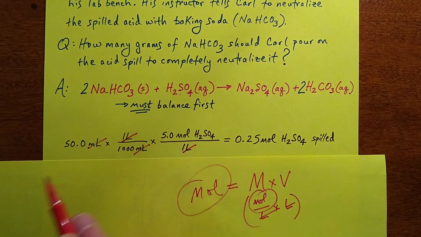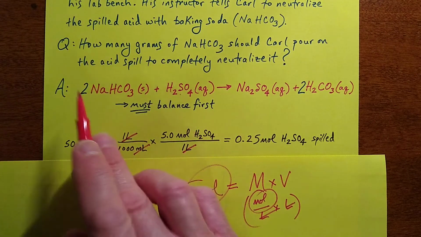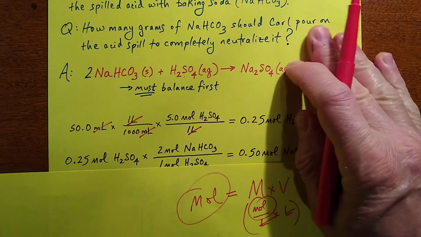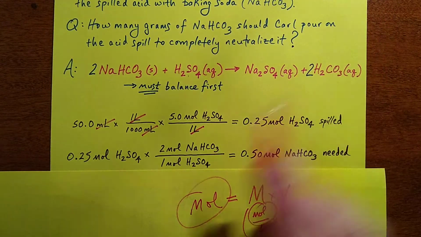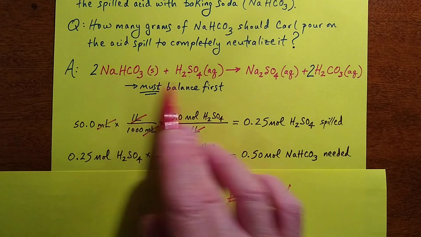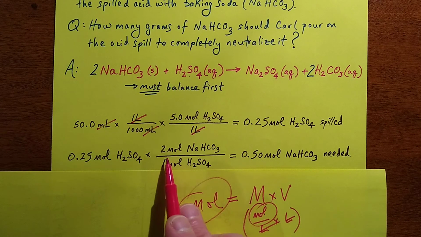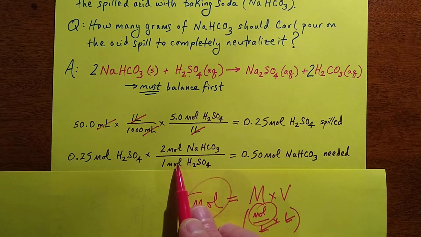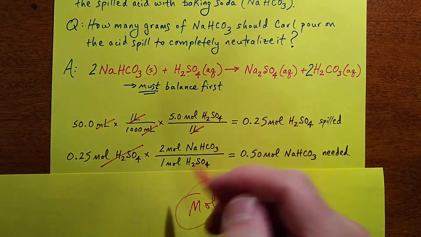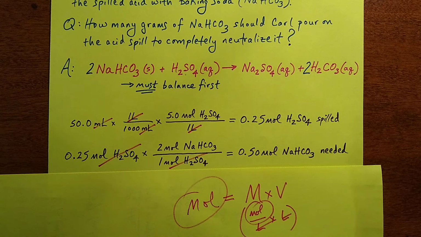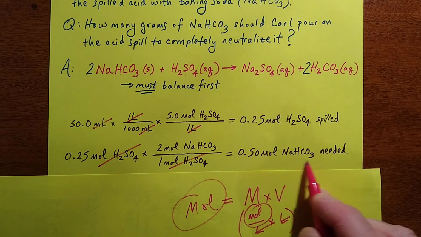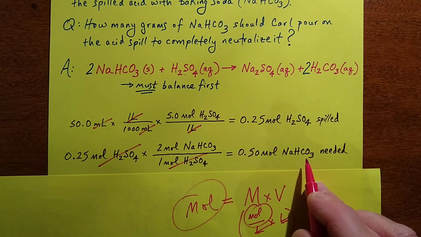Well, I see there's a 2-to-1 ratio, so I really need twice as many moles of baking soda. So 0.25 moles of sulfuric acid times the ratio 2/1, which I'm just reading from the balanced equation. Excuse me, 2 moles of baking soda for every 1 mole of this. So moles of sulfuric acid on the top cancels with moles of sulfuric acid on the bottom. 0.25 times 2 is 0.50 moles of baking soda needed.